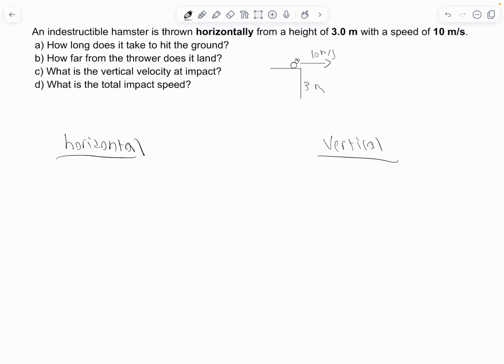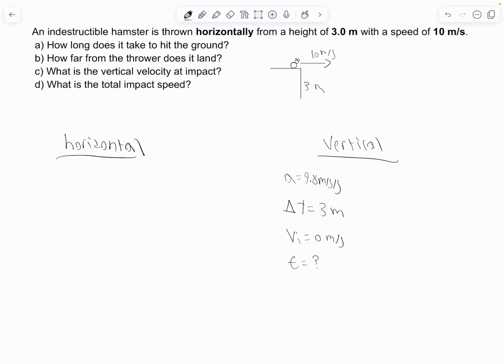The known for vertical is the acceleration due to gravity, which is always 9.8 meters per second per second. We know that the height, on the y component, is going to be 3 meters. The initial velocity is 0 in regards to its height before it falls, and we're trying to solve for time.